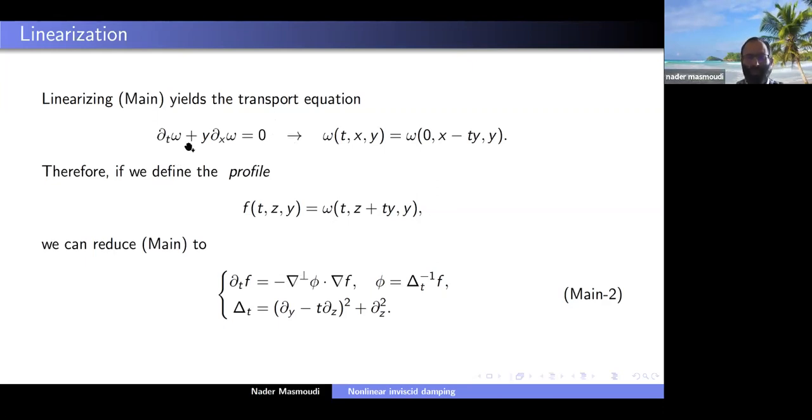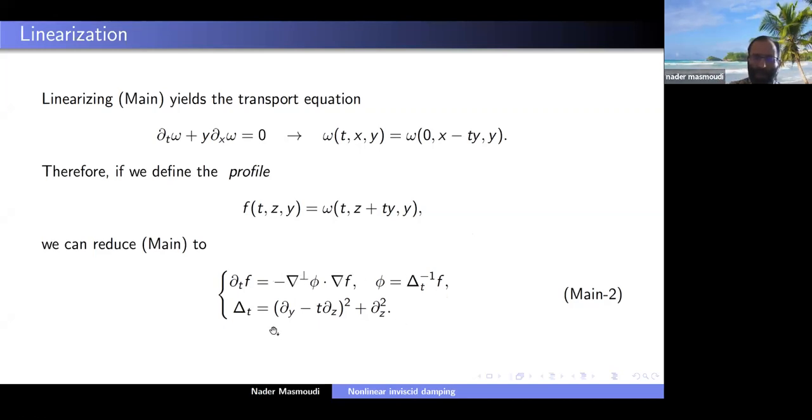It's transport. And the nice thing is that when you go to the Fourier side, it is also transport on the Fourier side. So what does this mean? It means that if I go to the nonlinear problem, if I make this change of coordinate, this is my equation at the nonlinear level after I make this change of coordinate. At the linear level, it will be ∂_t f equals 0, right? At the linear level, f is just independent of time.